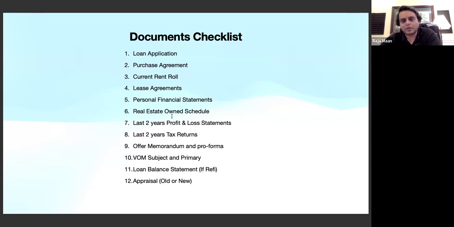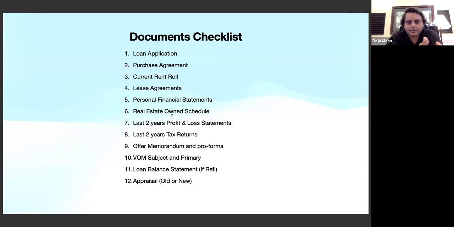Last 2 years profit and loss statements and last 2 years tax returns of the business, offering memorandum, pro forma, and you can give us pro forma for the next 2, 3, 4, 5 years, how you are going to increase the rent if the rent is low, how you are going to perform better than now.